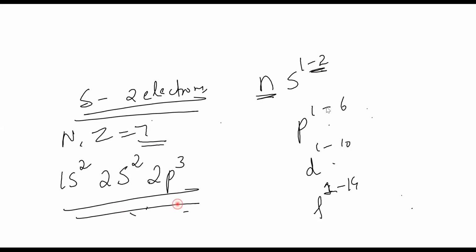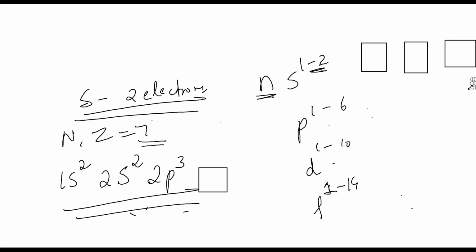Once you know this, you can draw the box. 1s, 2s, and 3p you can draw somewhat big, but you have to be very careful in dividing this. 1s2, then 2s2, 2 electrons, 2p3, which means 1, 2, 3. 1s2, 2s2, 2p3.